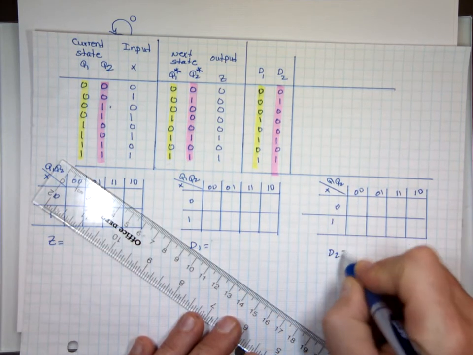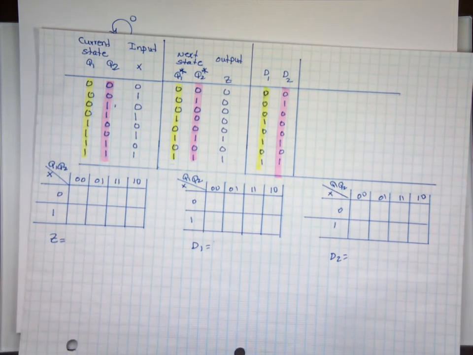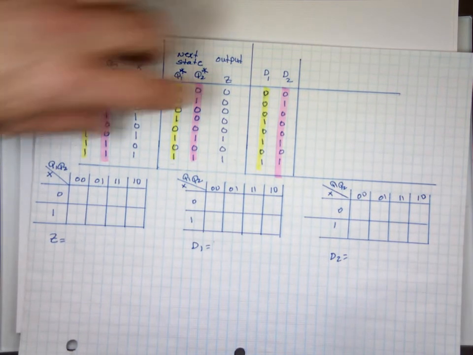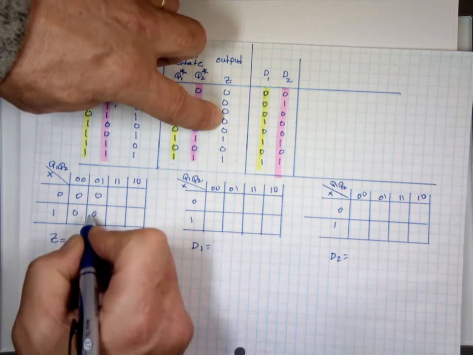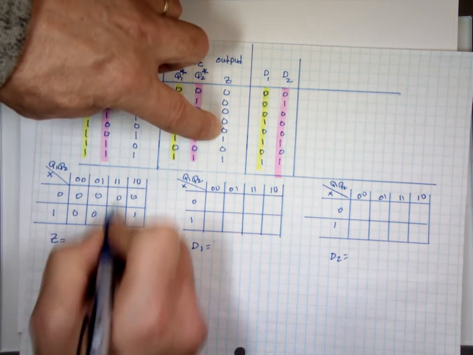Let's begin with Z. 0, 0, 0, 0, 0, 1, 0, 1. What do we have?